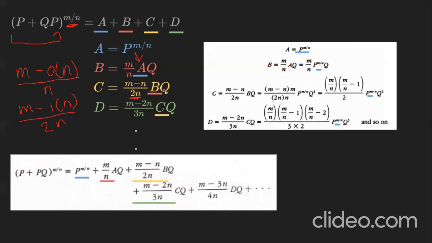And then the next one was M minus 2N over 3N. So you can see that the number beside the minus N is increasing, being multiplied by the next integer, and the denominator is also increasing, being multiplied by the next integer. That's essentially what this whole thing says.